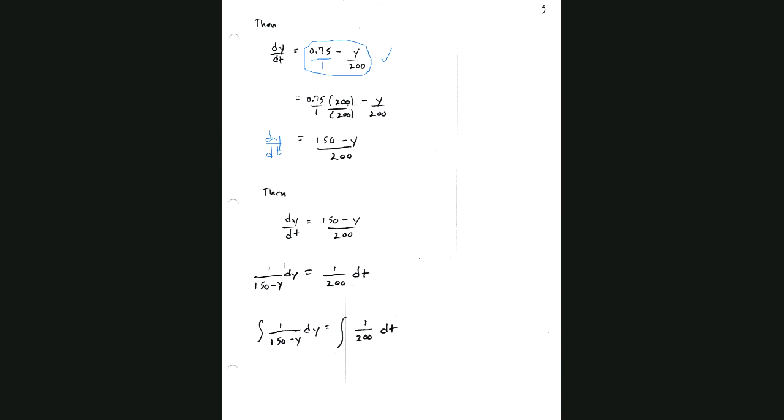And that is a separable differential equation. It's an autonomous differential equation, actually, and it's a separable differential equation as well. Autonomous differential equations are always separable. Okay, so what we'll do, are there any questions so far?